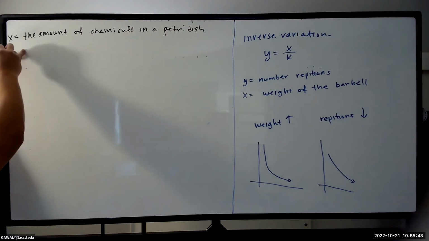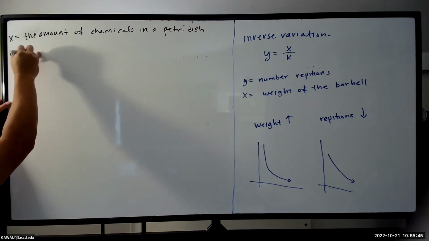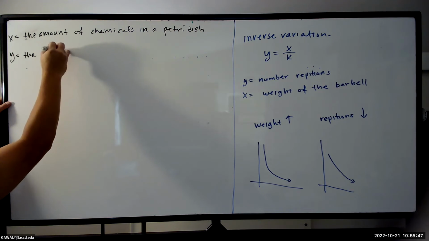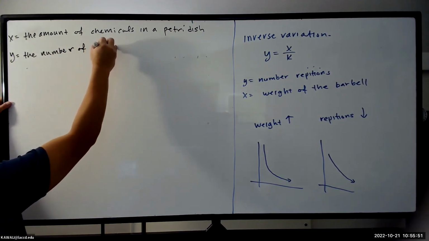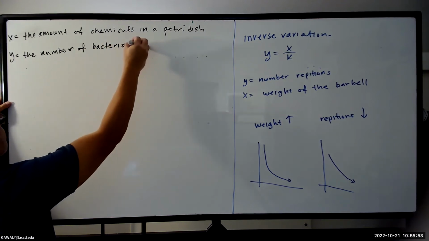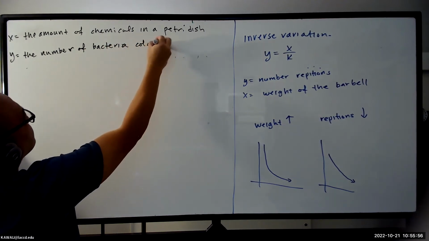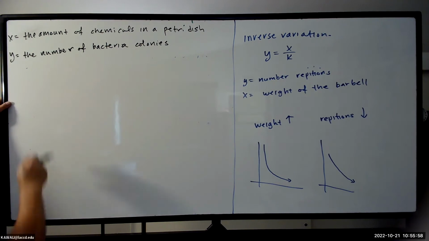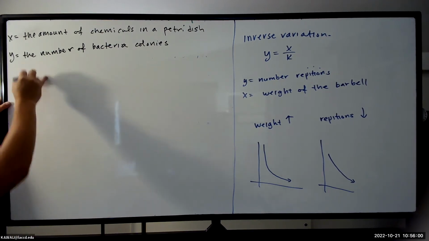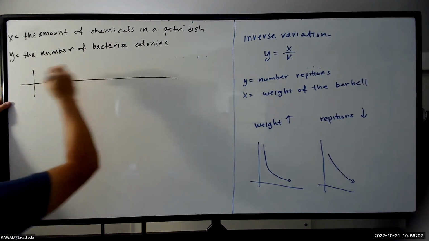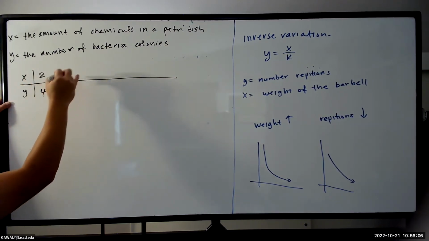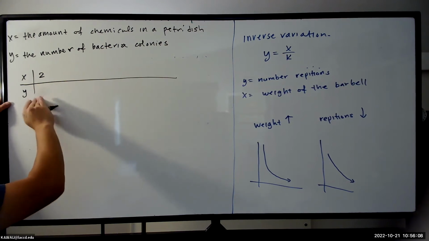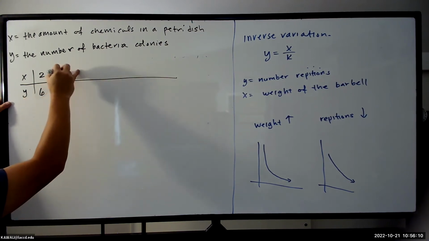Okay, Y is equal to the number of bacteria colonies. Okay, so I want to know whether, let's see, 2, 6, 3.